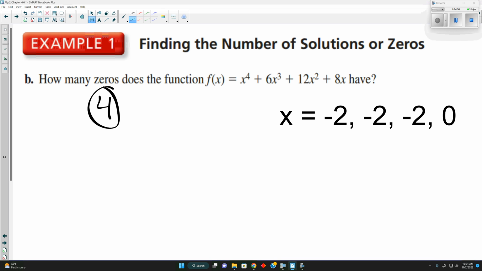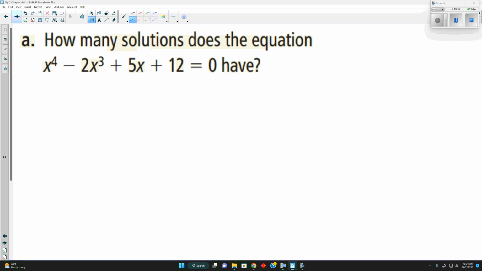And if we look at x to the 4th plus 6x cubed plus 12x squared plus 8x, there's no constant term. So plugging in 0 for x would make everything 0, so it is a solution. Questions on this here? How many solutions does this equation have? 4. Because the degree is 4.